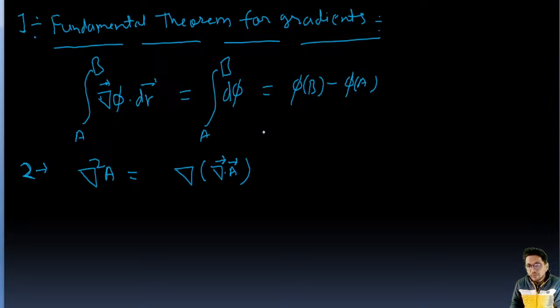I apologize for that, guys. So Laplacian of A is gradient of divergence of A minus curl of curl of A. This is the second property.